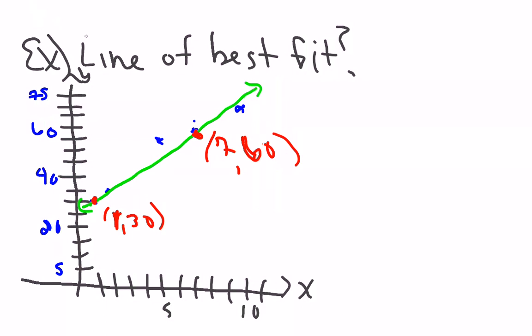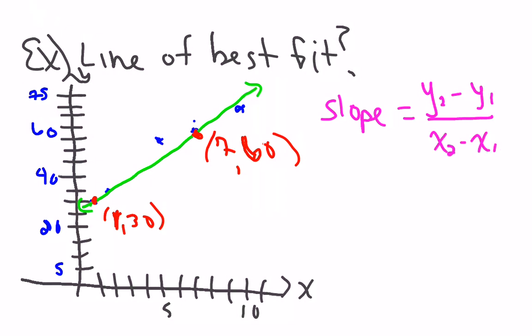Well, first, to find slope, slope is also defined in a formula where it's y2 minus y1 over x2 minus x1. And so we have these 2 points that we just found. We found the point (1, 30) and the point (7, 60). And we can label those as our x1, y1, and our x2, y2 point.